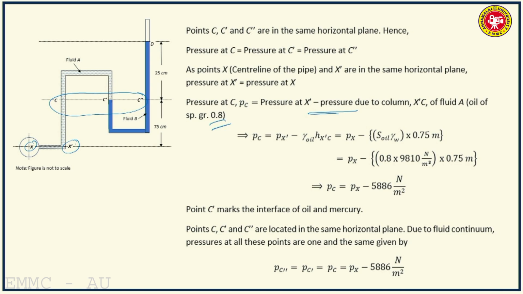So that comes to Px minus 5886 Newton per meter square. So pressure at point C prime marks the interface of oil and mercury. There is this one, interface of oil and mercury. So Pc double prime is equal to Pc prime, that is Pc, that is this much.